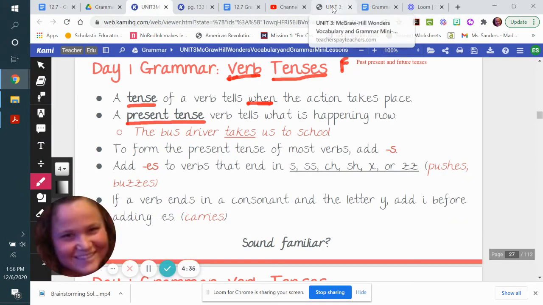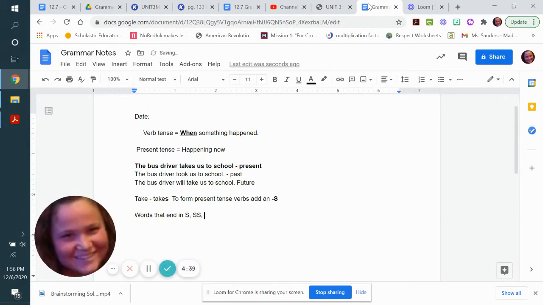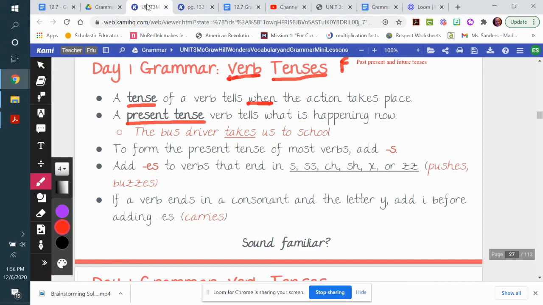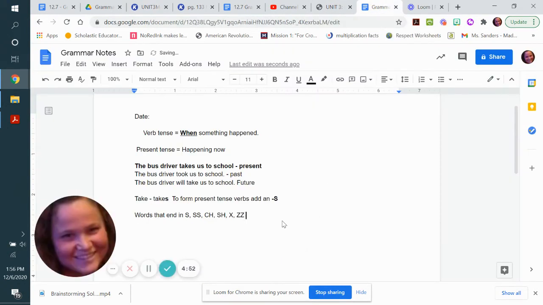S, SS, SH, CH, X, and ZZ. Did I get them right? Okay. Those words, we add an ES to the end. I'm going to put that in bold as well.